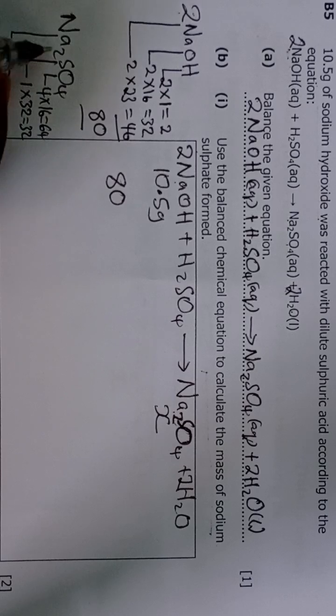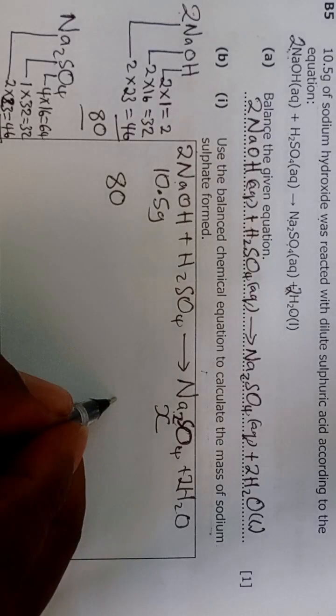We have 2 atoms of sodium, so it is 2 times 23, which is 46. So there, 64 plus 32 plus 46 is 142.